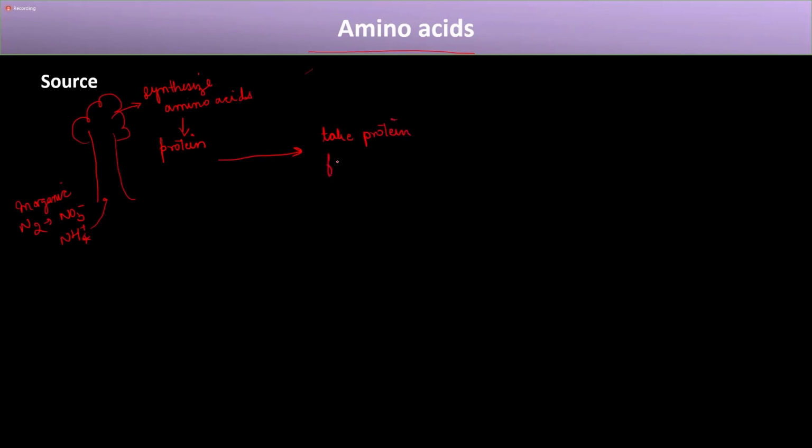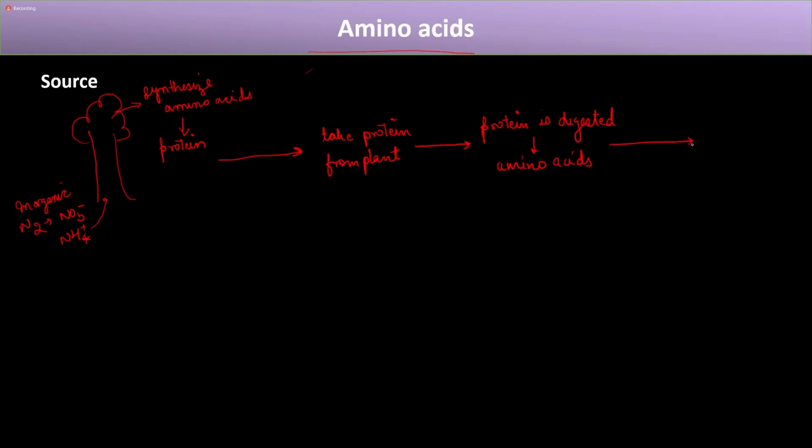Then, animals have a digestive system in which this protein is digested. Upon digestion, it forms amino acids again, because it breaks into its monomeric unit, that is amino acids.